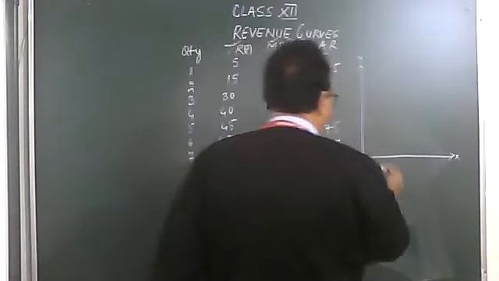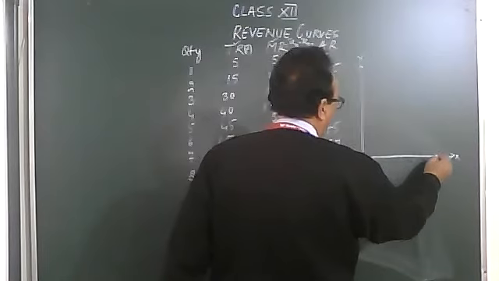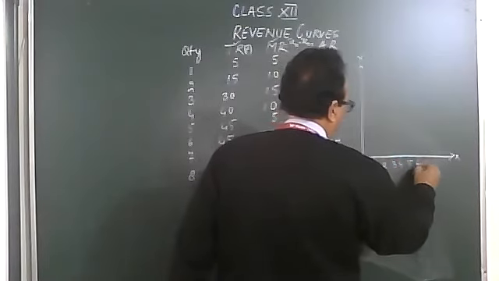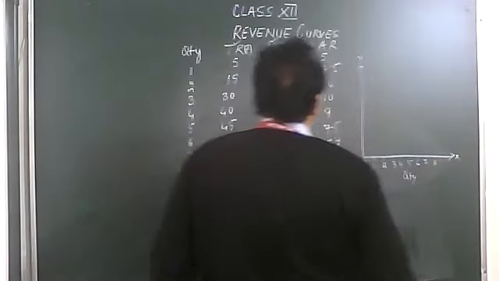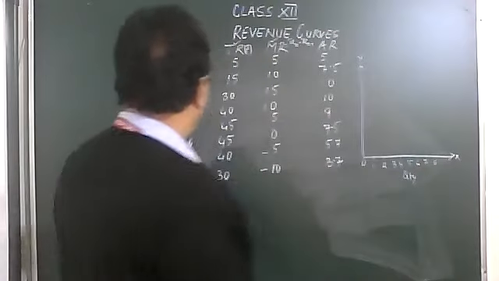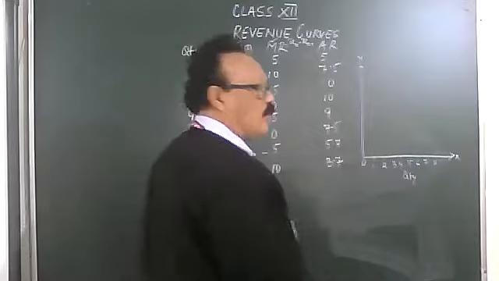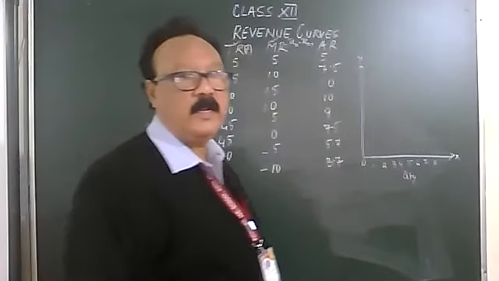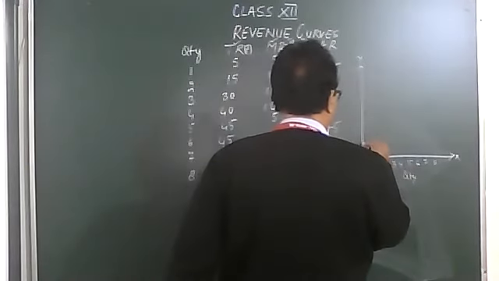Quantity maximum is 8. TR maximum is 45. So depends how big or small you want your chart. You can take the values either in fives or in tens, no problem.